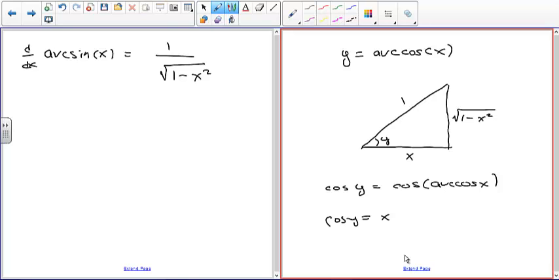We're going to use the inverse properties of the cosine and the arc cosine to help us rewrite the original expression. Instead of y being arc cosine of x, the other way of thinking of it is the cosine of y equals x. They mean the same thing. And at that point, we take the derivative.